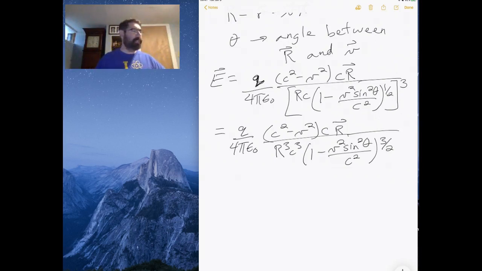Okay, so I just separated some stuff that was before, under that was being cubed.